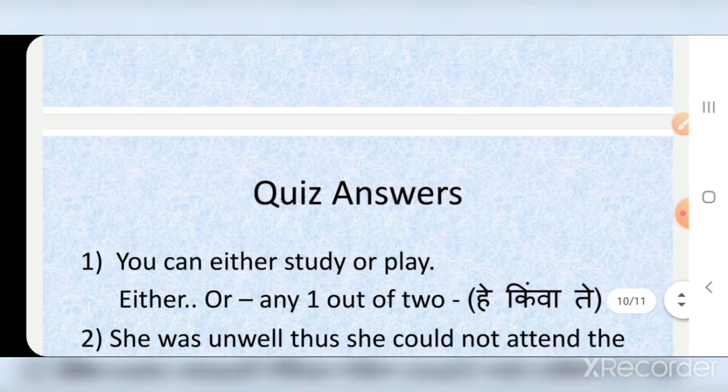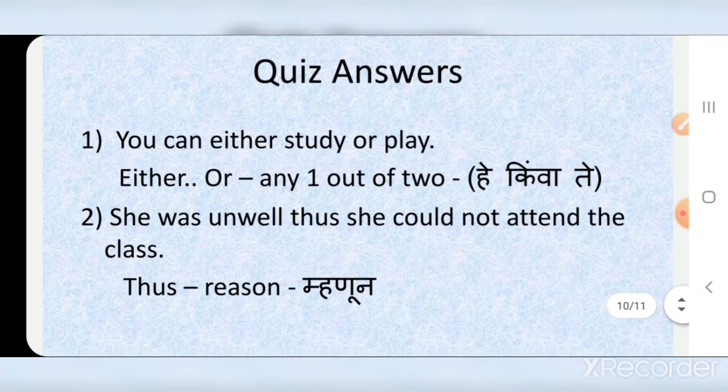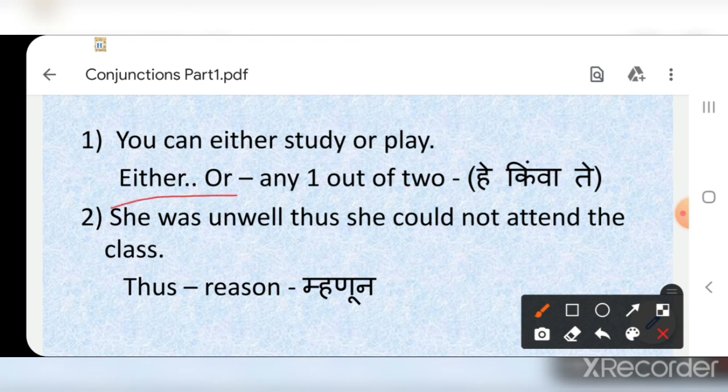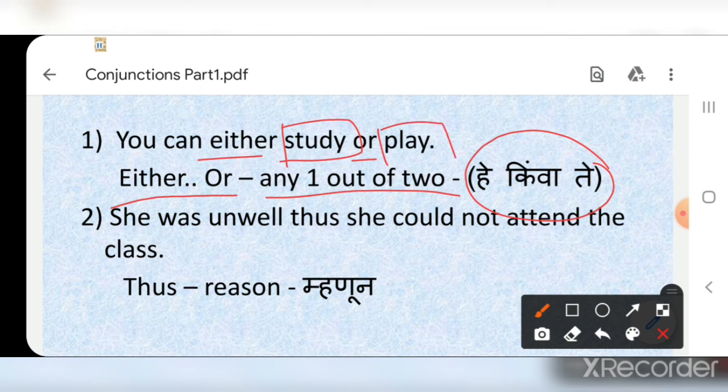Okay, now the answers are you can either study or play. Here, either or, any one out of two. Okay, here its meaning is किंवा, either or. This is one thing study, this is another thing play. Out of these two, you have to choose. Got it?